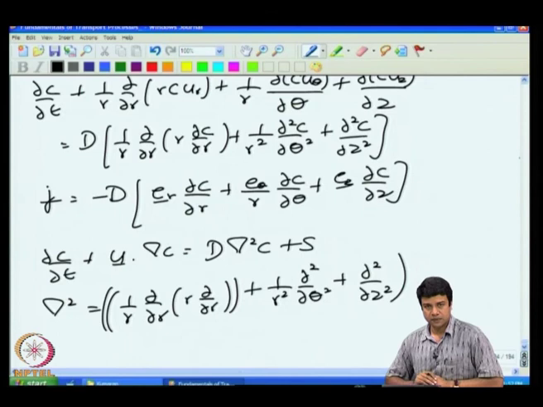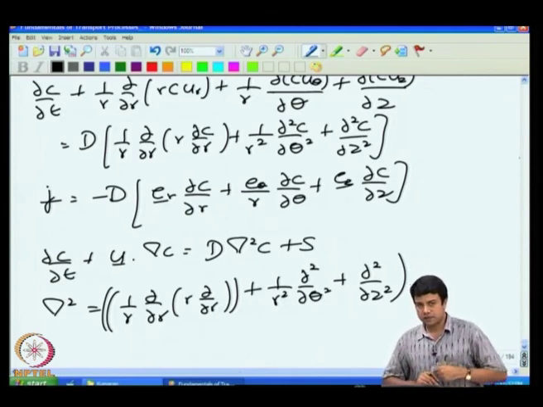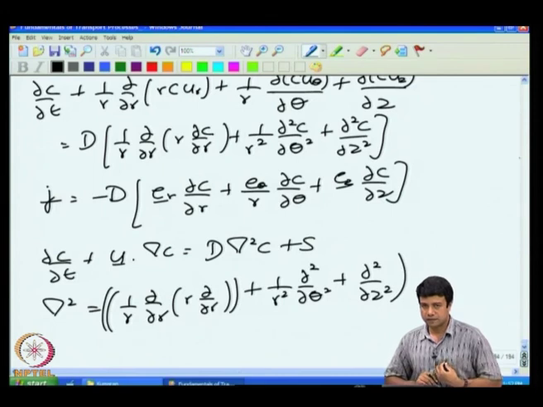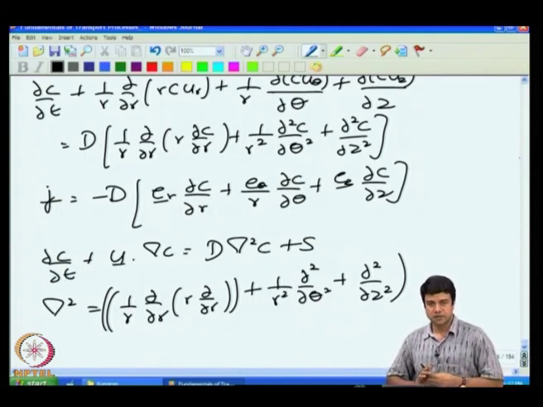Okay. And of course, the equation for the temperature for energy transport problems is of exactly the same form, except I substitute T instead of C and the thermal diffusivity instead of the mass diffusivity.